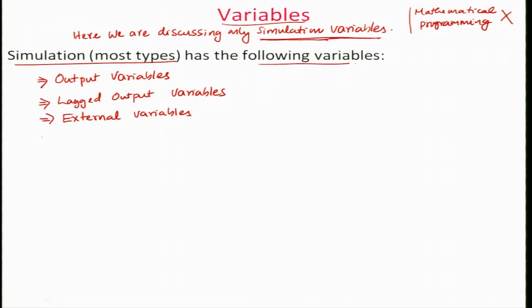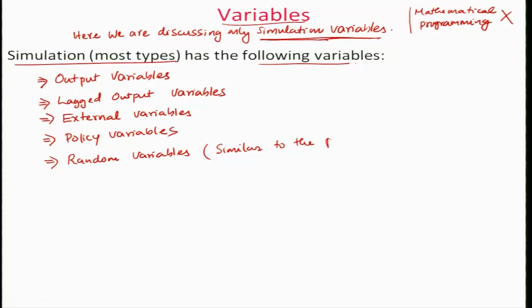Okay, we use external variables. Then after that, we have the policy variables. I will also explain what a policy variable is all about. Then we have what we call random variables, which is similar to the probability concept, but we will see this in detail.